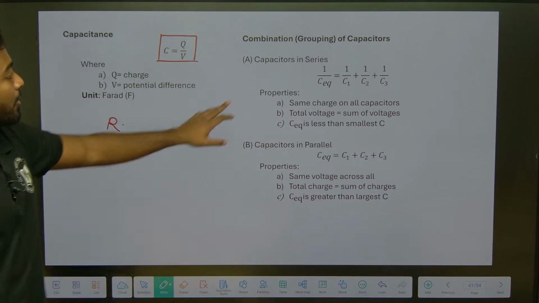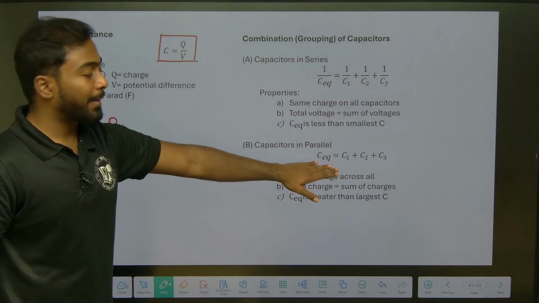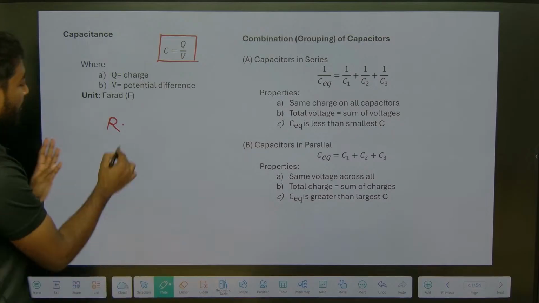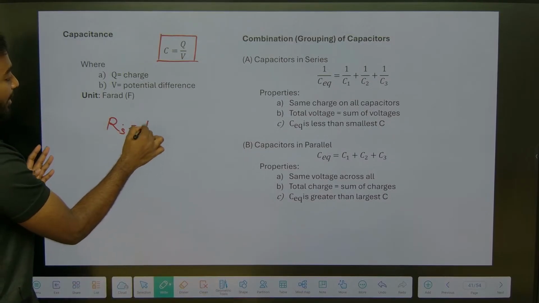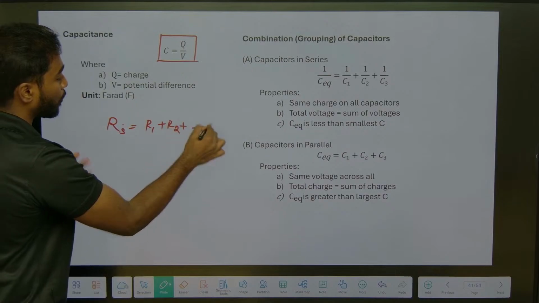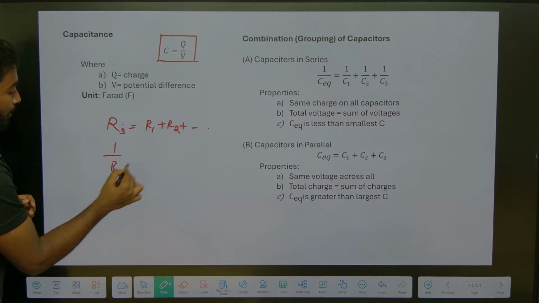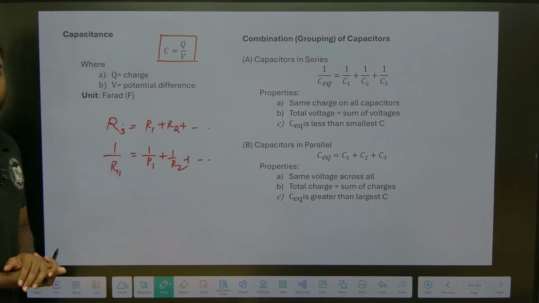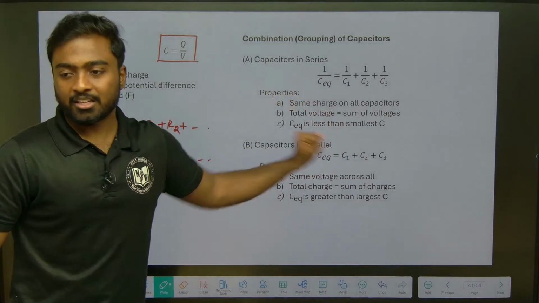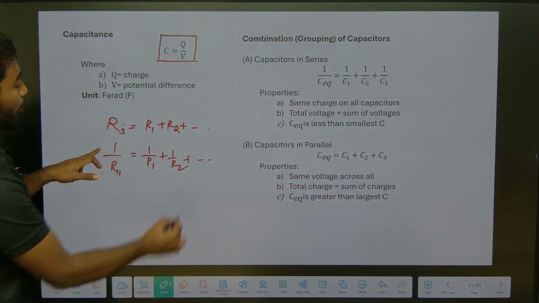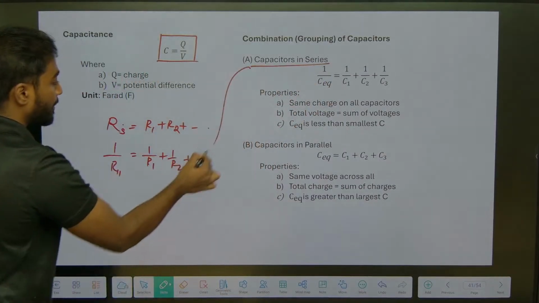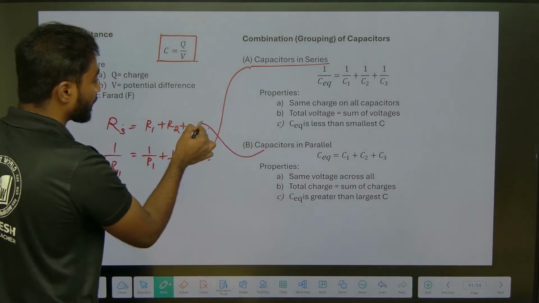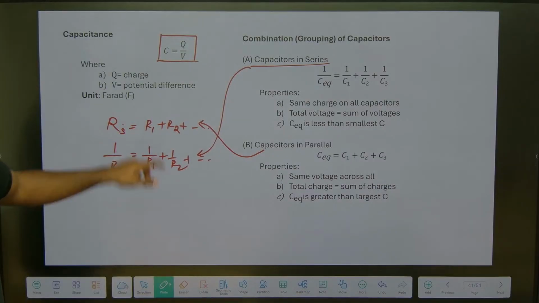Similarly, capacitors in series and capacitors in parallel also have formulas, and they are inverse of each other. For resistors, in series R is R1 plus R2 and so on, and for parallel, 1 by R is 1 by R1 plus 1 by R2 and so on, for however many resistors we are taking. So capacitors in series are similar to resistors in parallel, and capacitors in parallel are similar to resistors in series, okay.